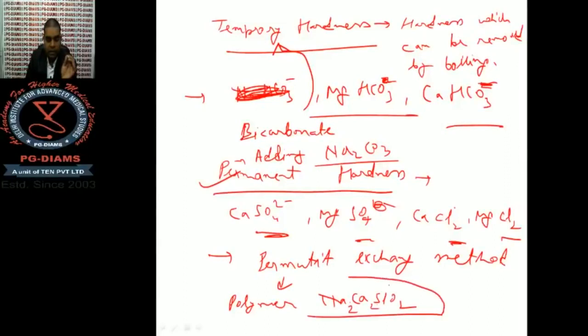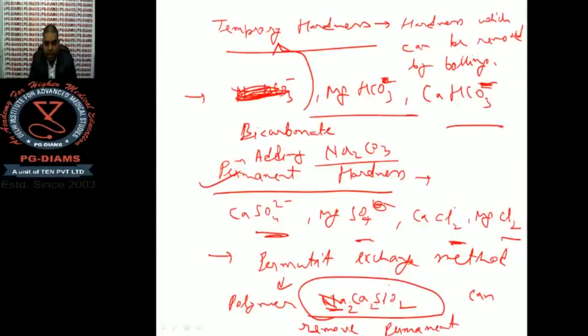In this polymer, sodium is replaced with calcium and magnesium, and hence this method can remove permanent hardness along with temporary hardness. But temporary hardness can easily be removed by boiling or by adding sodium carbonate.